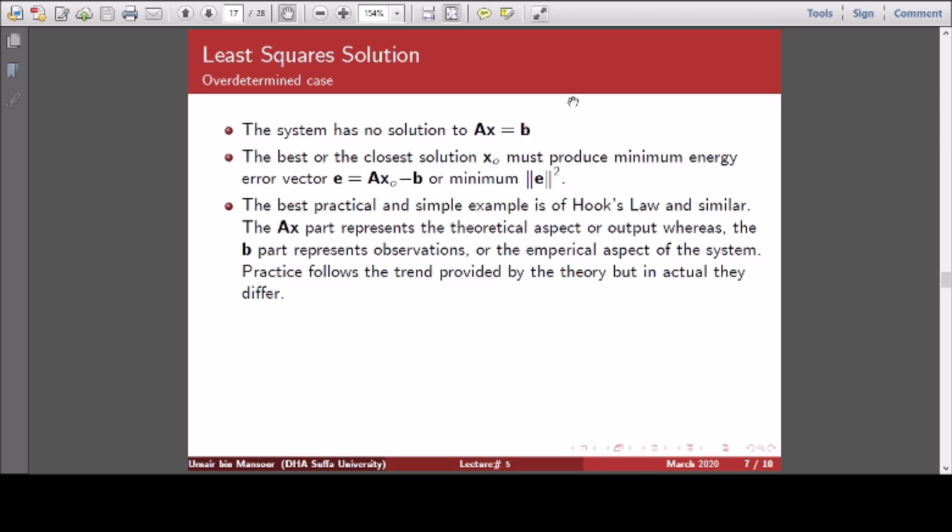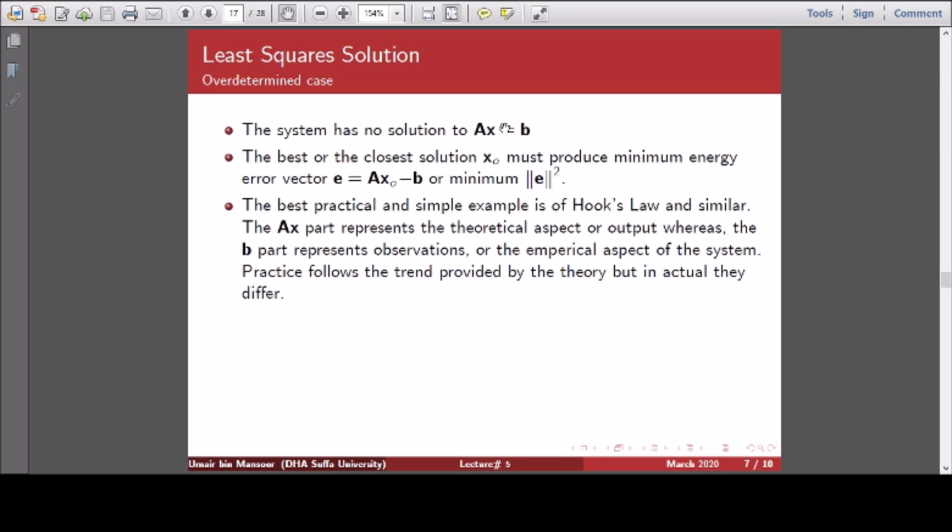So let's look at an example. A practical example is Hooke's law, where you apply stress and in response you get a strain. Let's take the left hand side as the theoretical part.